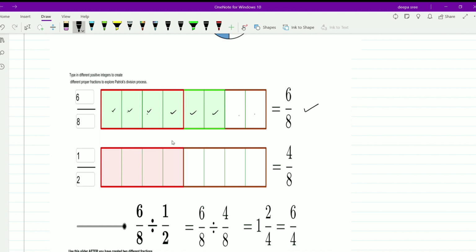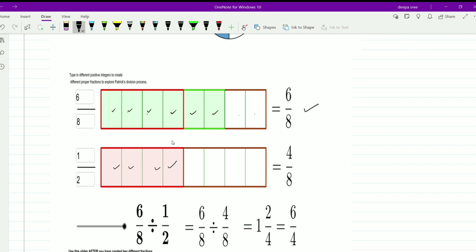In the second case, the same rectangular grid we can divide into 2 equal parts. When we divide it into 2 equal parts, you have to shade a total of 4 parts, because a total of 8 equal parts are there.